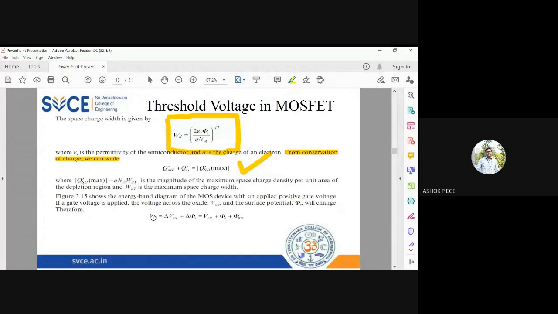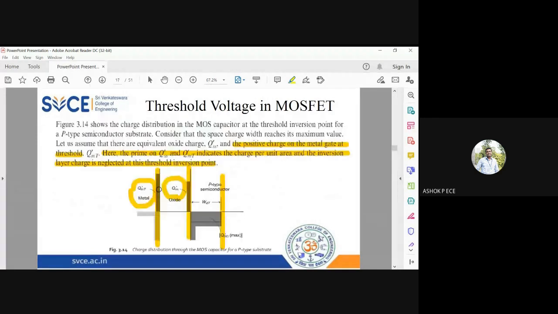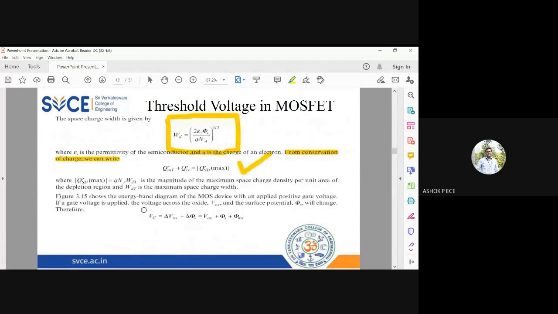So I can say the total voltage applied at the metal layer will be equal to the voltage across the oxide layer plus the surface potential across the semiconductor, because the law of conservation of energy should be obeyed, right? So I can write Vg equal to delta V oxide plus delta phi s. Delta V oxide is the oxide layer voltage and delta phi s is the semiconductor layer surface potential.